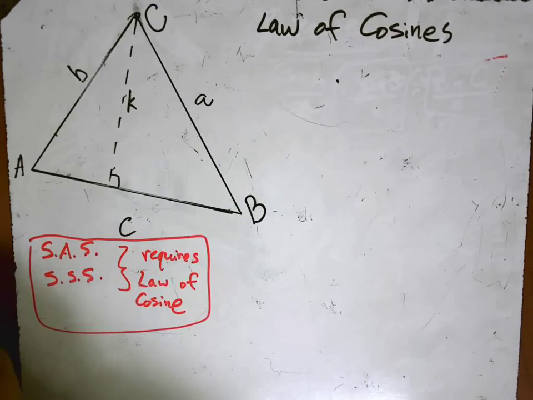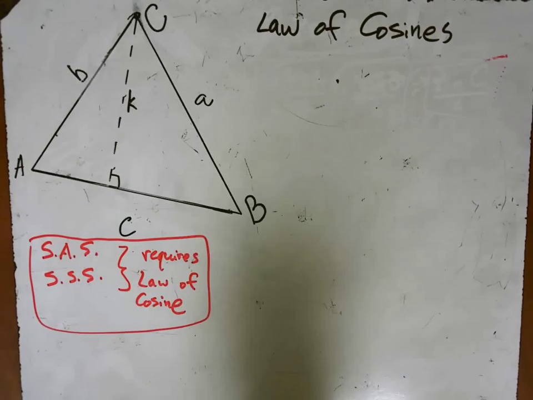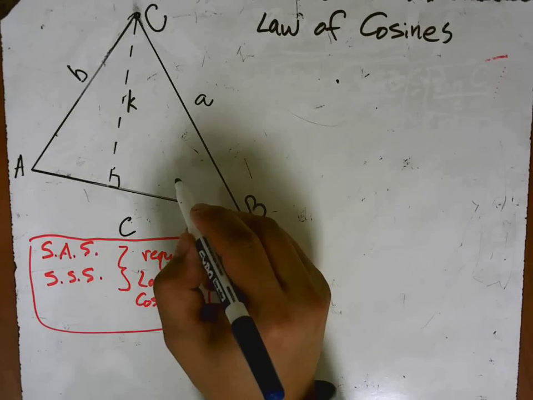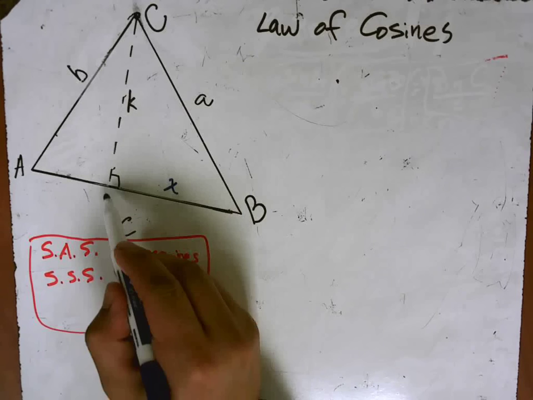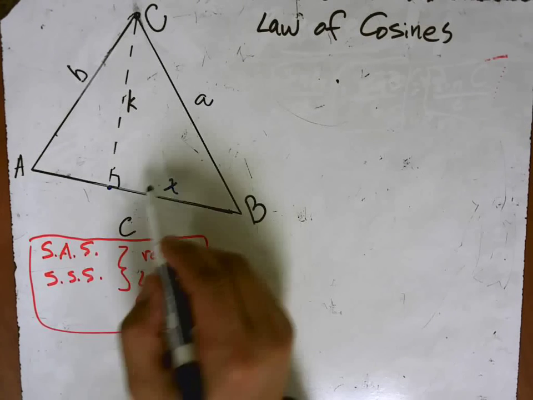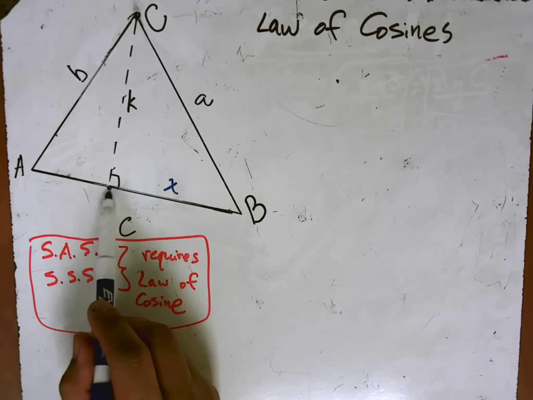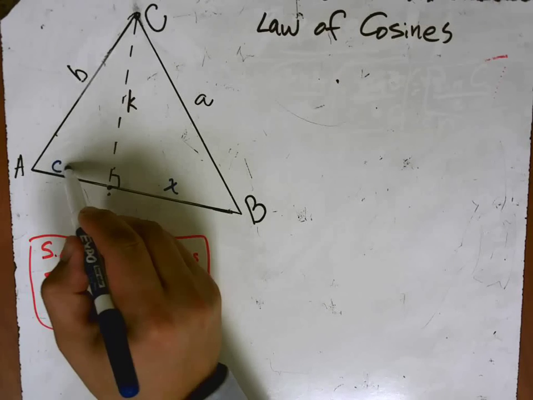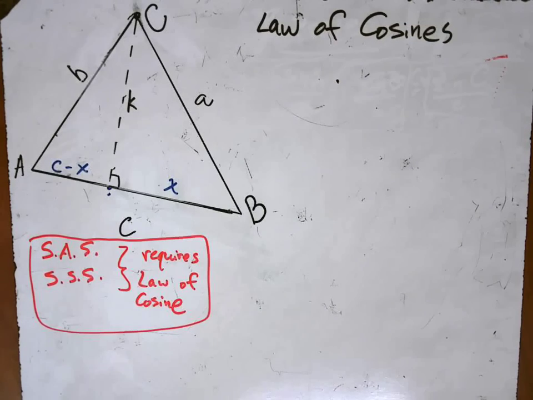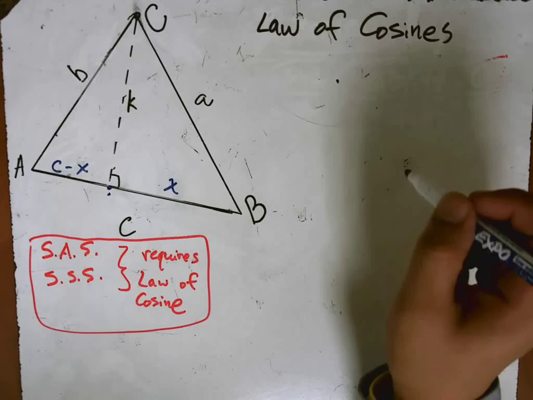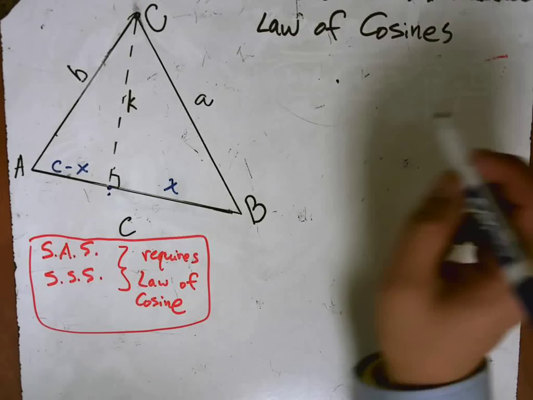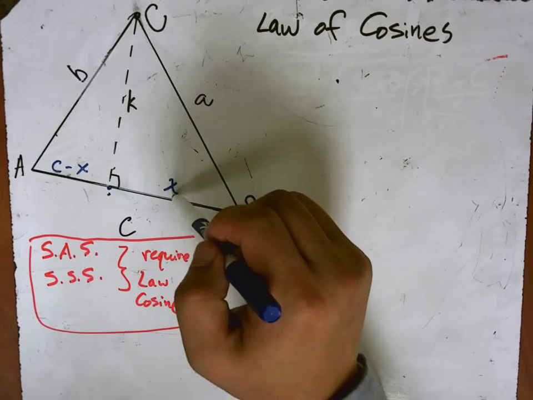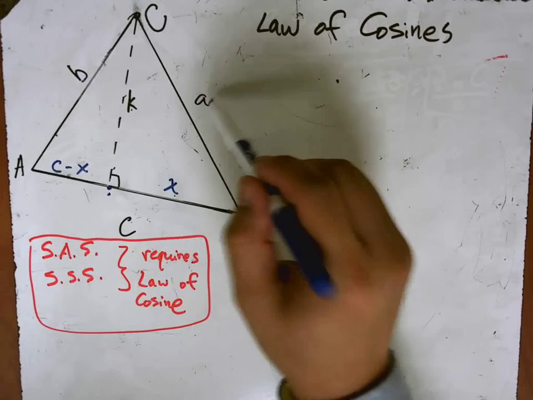To set up this proof, I'm going to define some more variables. I'm going to call this side x, between where the altitude intersects the side of the triangle, and this side is going to be c minus x. One of the things I'm going to use here is the Pythagorean Theorem. Looking at the triangle on the right, x squared plus k squared equals a squared.